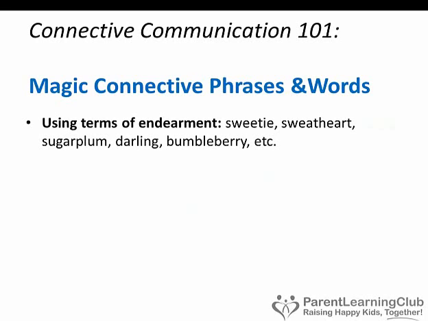By using this type of term, you're almost giving them a peace offering, and you're communicating to them that you're trying to connect deeper to their heart, and that you love them, and that's the place that you want to have the communication from, that place of love, of deep heart connection.